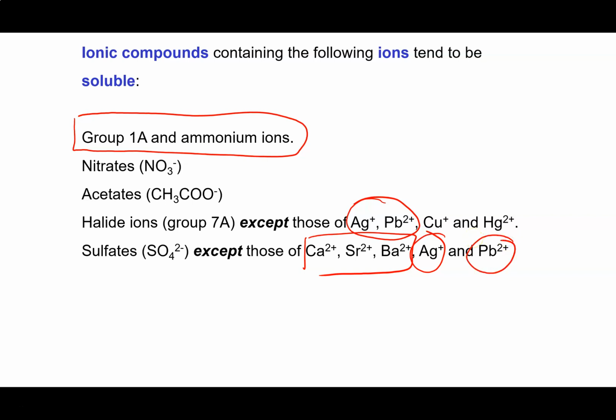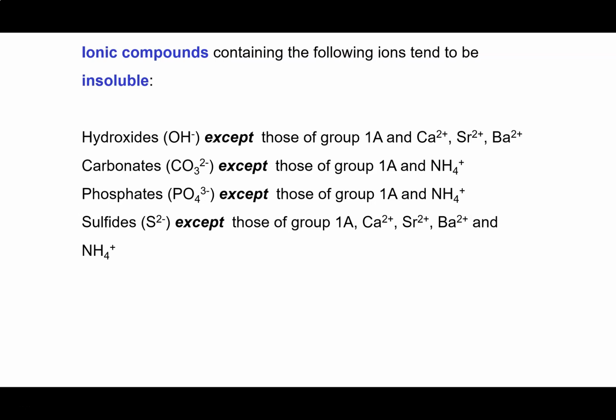So what things tend to be insoluble? It's a slightly more complex list. Hydroxides tend to be insoluble, except remember, group 1A is always going to be an exception, and then the larger members of group 2A, calcium, strontium, and barium. Carbonates tend to be insoluble, except those of group 1A and ammonium.